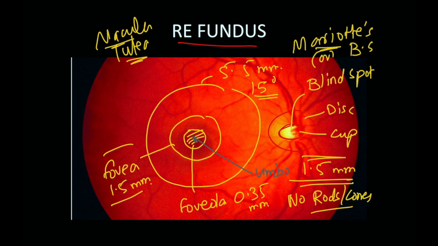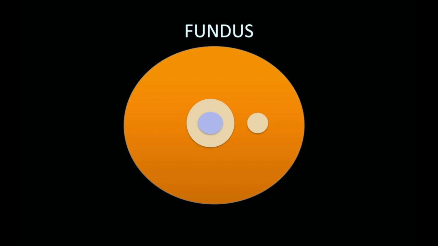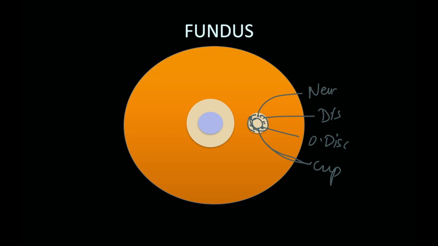So just know this topographical anatomy of the fundus. Now, let's recap. This is going to be my optic disc with a physiological cup. So outer part is called as the disc. The inner part is the cup. And the nervous layer in between the cup and disc is called as neuroretinal rim.